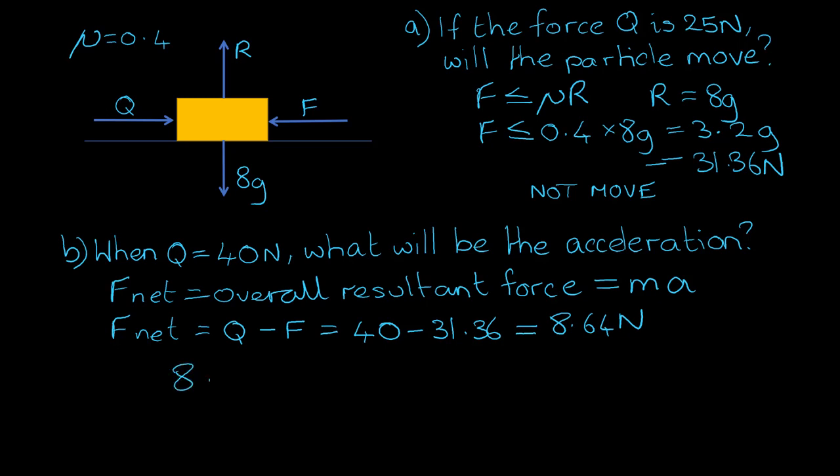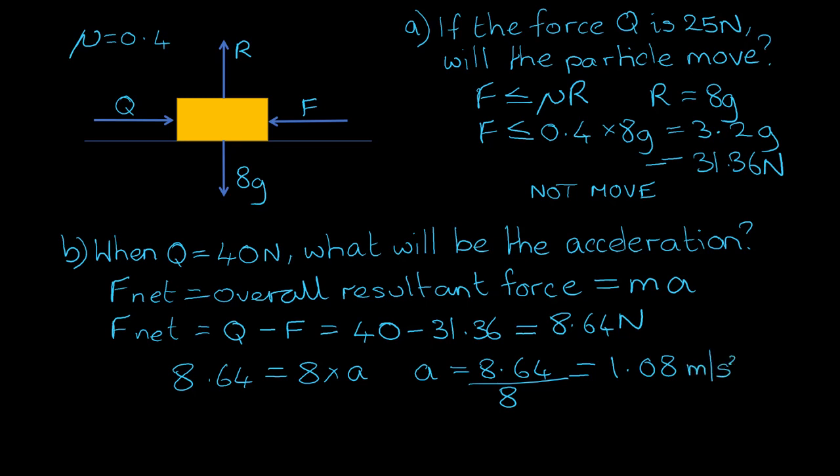So 8.64 equals the mass, which is 8, times the acceleration. So the acceleration will be 8.64 divided by 8, and that works out to 1.08 meters per second squared.